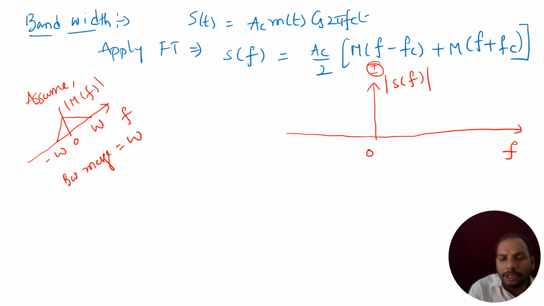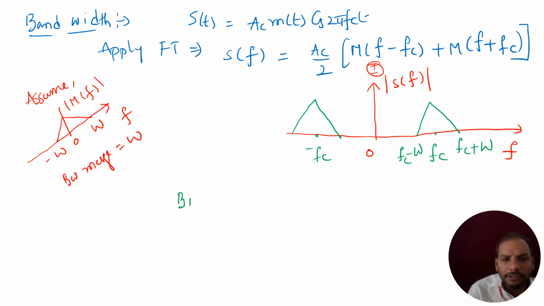The spectrum of M of f is shifted to fc. So at fc you have the spectrum of M of f. Similarly at f equal to minus fc you have the spectrum of M of f. So this value is fc plus W, and this value is fc minus W.